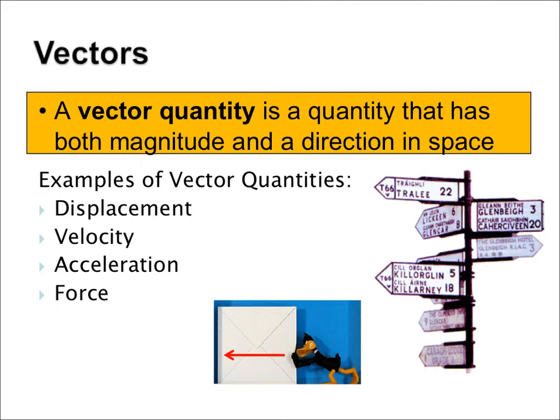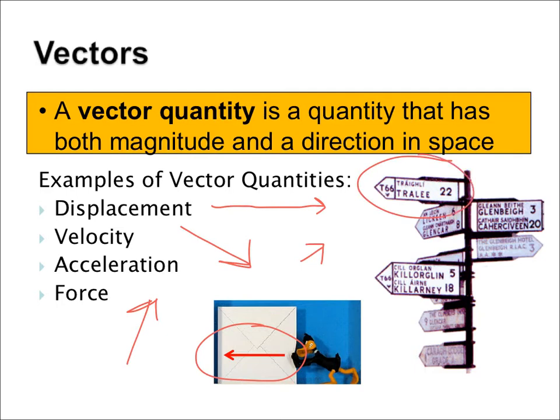And that's why we have to represent it as an arrow. The length of the arrow gives the size, the magnitude, and the pointy bit of the arrow shows in which direction it acts. So vectors are represented by arrows to show both their size and their direction.